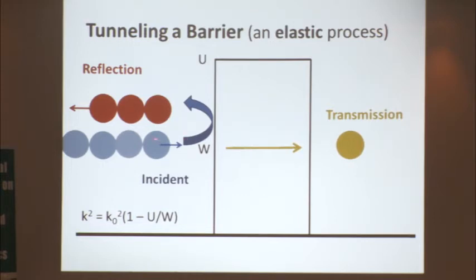That means the energy of your incident particles or ensemble of particles. Here we have an ensemble of 4. 3 are reflected and 1 is transmitted. And the wave number is in this case imaginary. This is the potential of my barrier, the height, and this is the energy of the photon, electron, hadron, whatever we send.